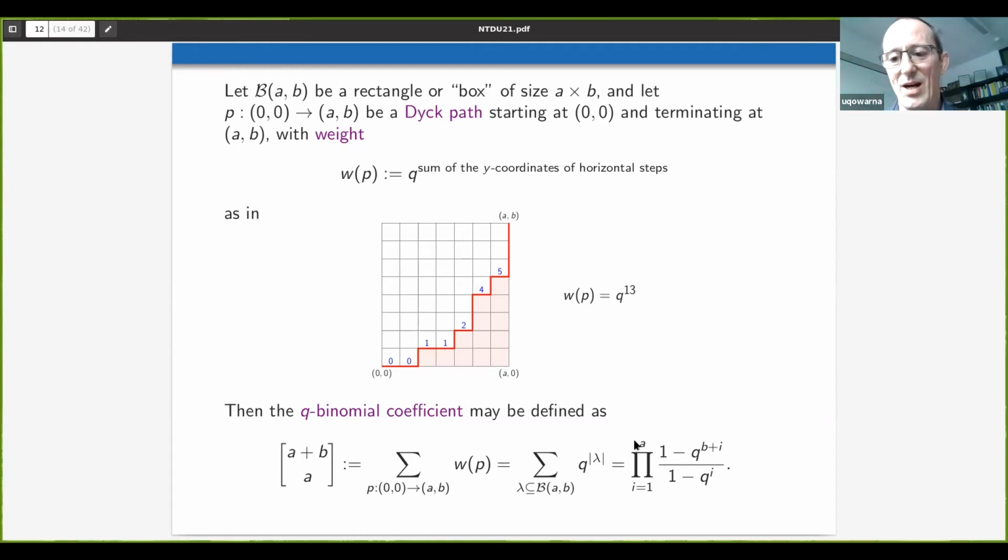And again, it has a nice product. Well, I shouldn't say an infinite product, a finite product here, of course. This is just a polynomial. It's also known as the Gaussian polynomial. And again, we'll meet this q-binomial coefficient a little bit later. Okay, so that's just partitions.